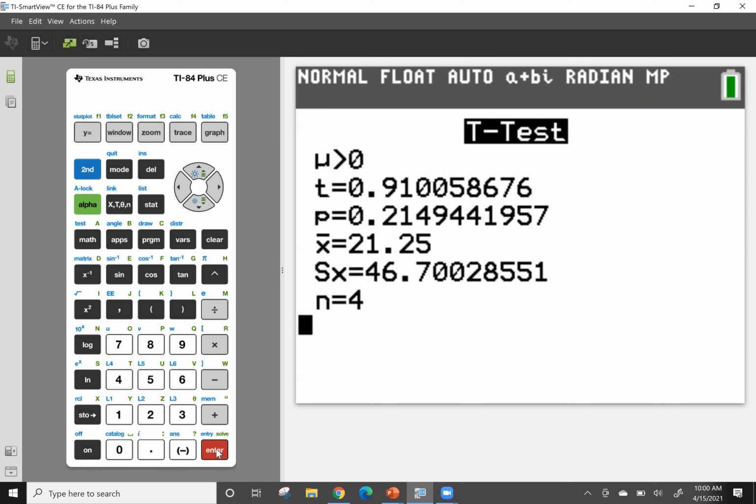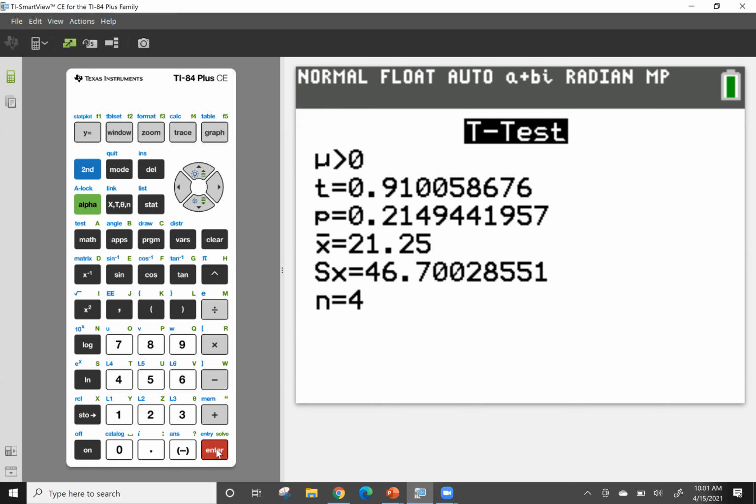Okay, so I got t is 0.91 and p is 0.21, and the average of the differences is 21.25. That 90 just took over that average, didn't it? So that's one thing that we recognize about the mean from early in the semester.